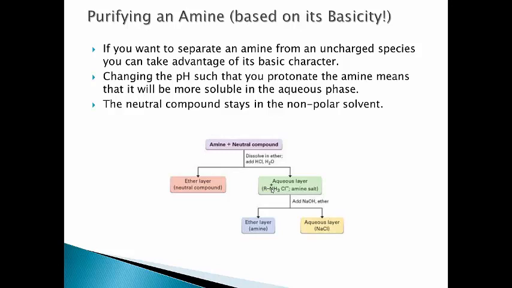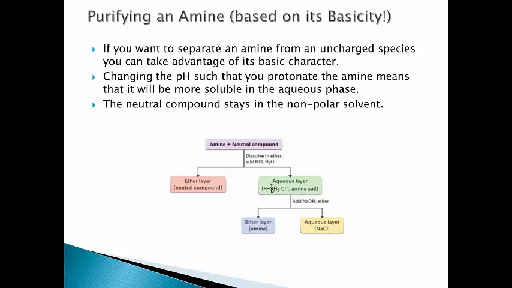and then you would have your amine charged in an aqueous layer, so using the polarity of those two, they'd form two different layers, and you would drain them both off. Then you would put your aqueous layer again into your separation funnel, and you would neutralize it back down, so you put in some base, so that way you could get rid of the charge and go back to the amine that you originally had.